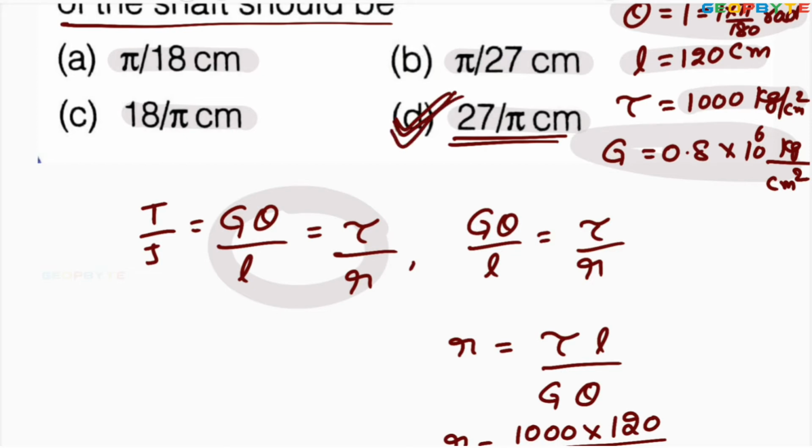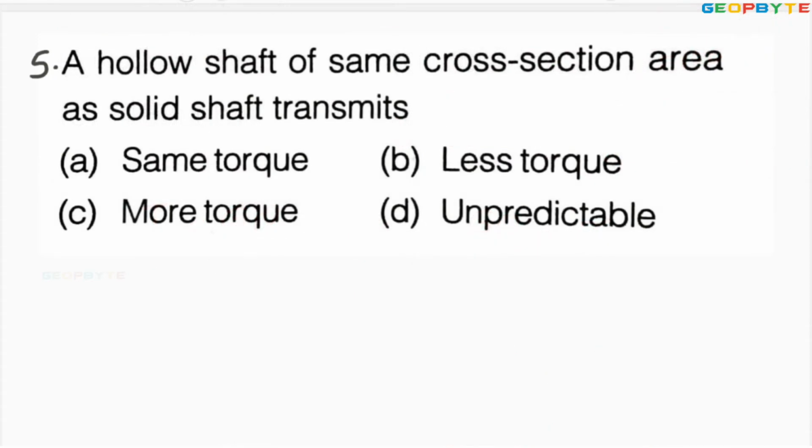Let us take one more problem. Look at the fifth problem. A hollow shaft of same cross-sectional area as solid shaft. My dear friends, remember, for the same cross-sectional area, the hollow shaft always transmits more power than solid shafts.